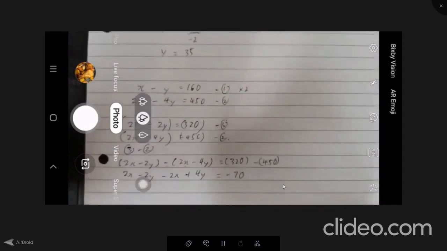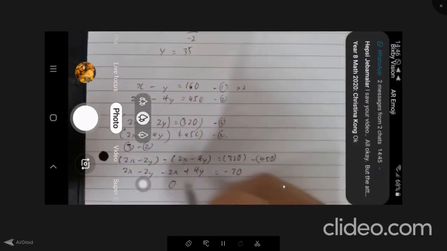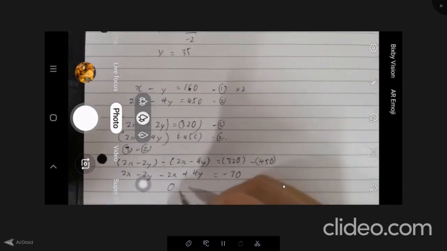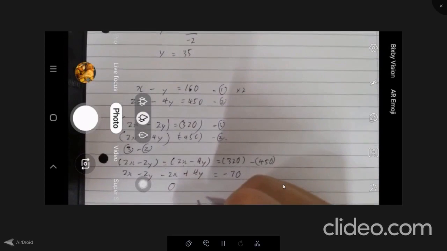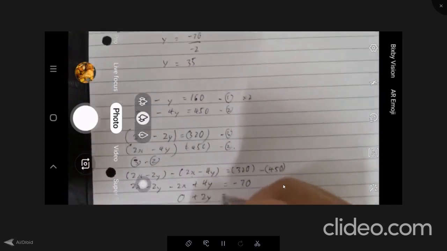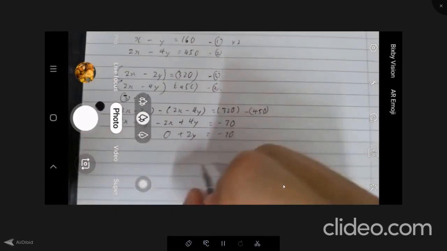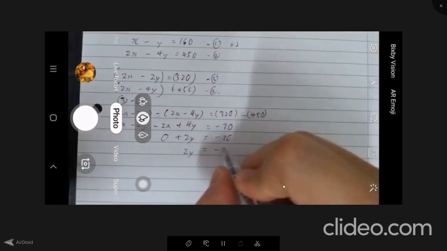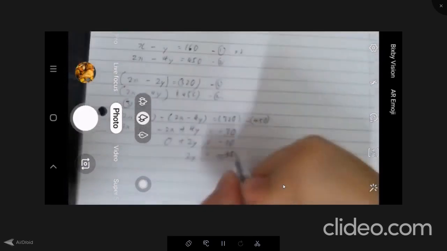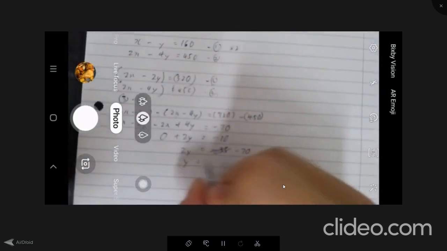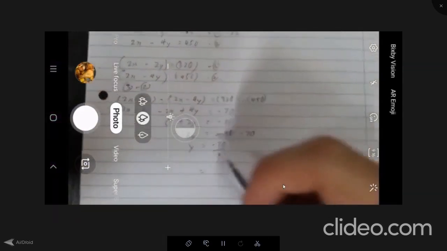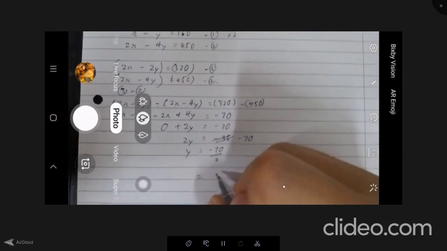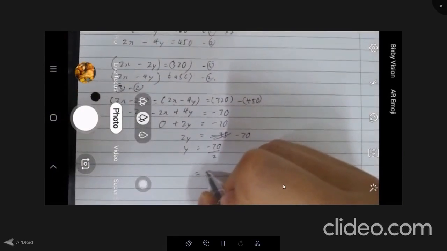So 2x minus 2x equals 0. Then negative 2y plus 4y, you get 2y. So 2y equals negative 70, y equals negative 70 over 2, and you get negative 35.